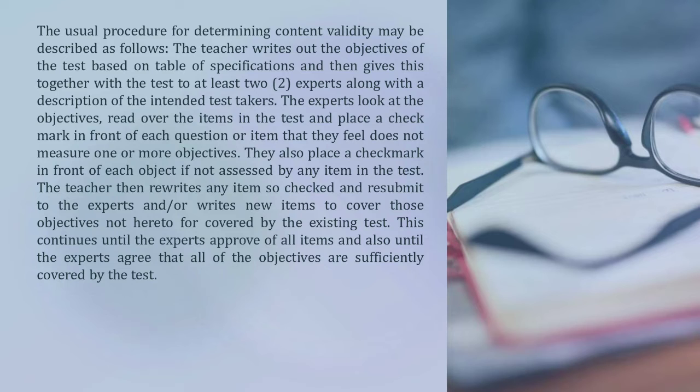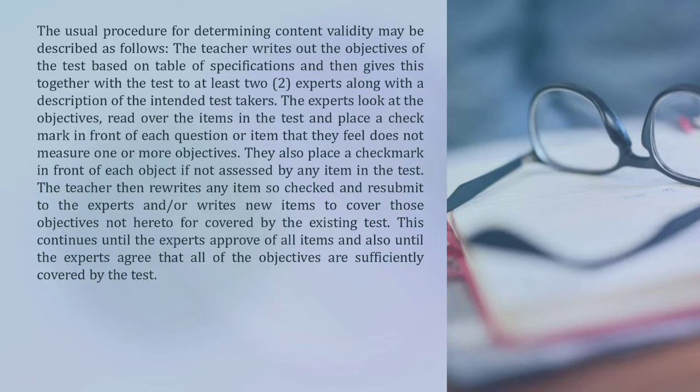The teacher writes out the objectives of the test based on a table of specification and then gives this together with the test to at least two experts, along with a description of the intended test takers. The experts look at the objectives, read over the items in the test, and place a check mark in front of each question or item that they feel does not measure one or more objectives.